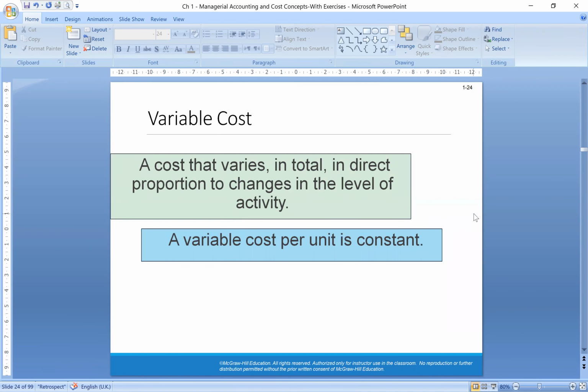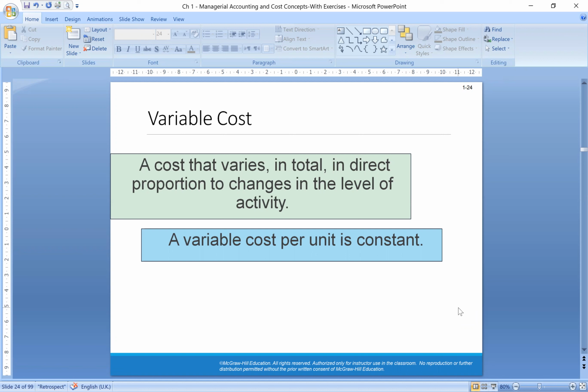Okay, variable costs, which is the cost that varies in total in direct proportion to changes in the level of activity. And we are talking about in total in this case, okay?